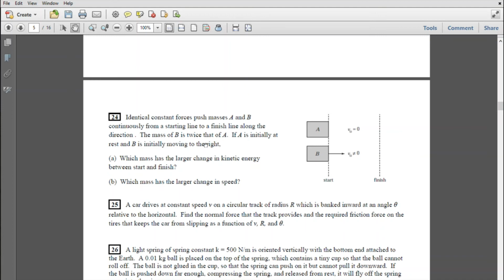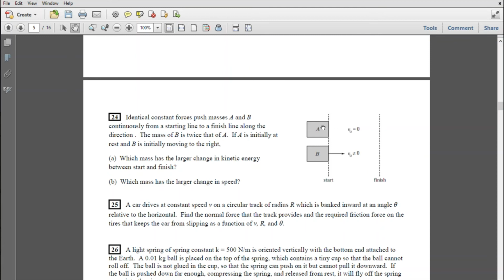If A is initially at rest and B is initially moving to the right, which mass has the larger change in kinetic energy between start and finish? So in this case, the same amount of work is done on them, right?